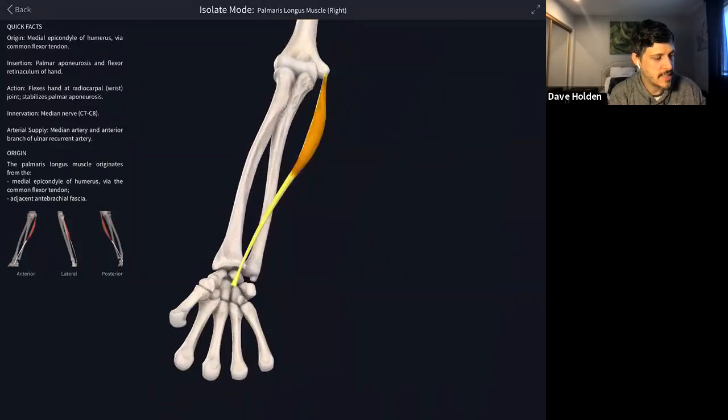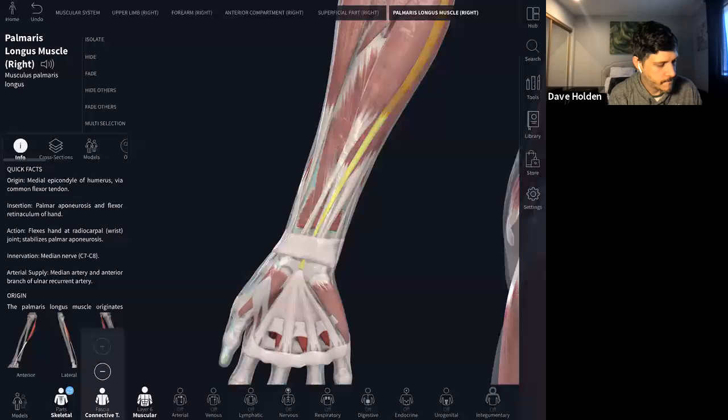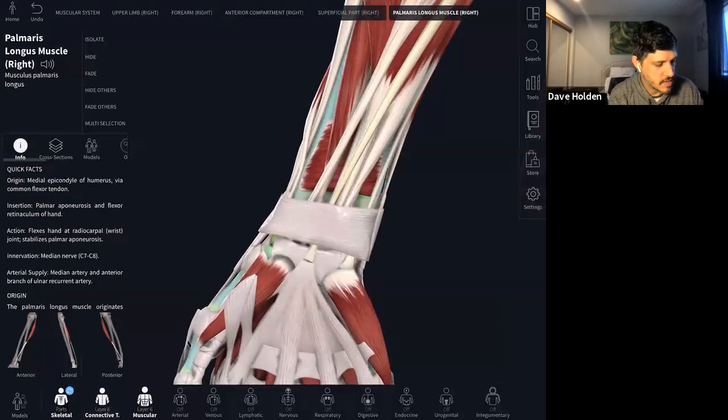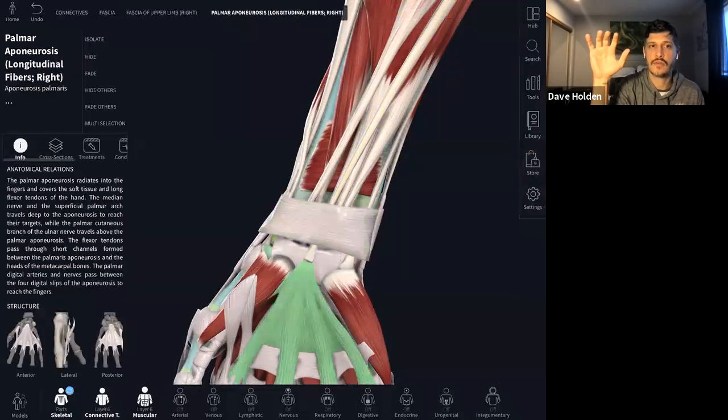And its insertion is not into a bony landmark proper. It's going to insert into the connective tissue. So it's inserting onto that flexor retinaculum as well as onto the palmar aponeurosis. Palmaris longus.